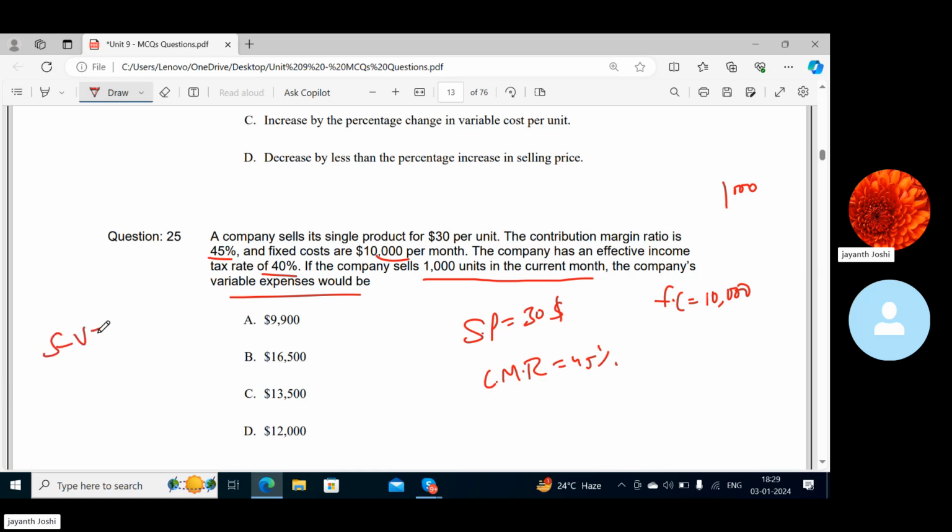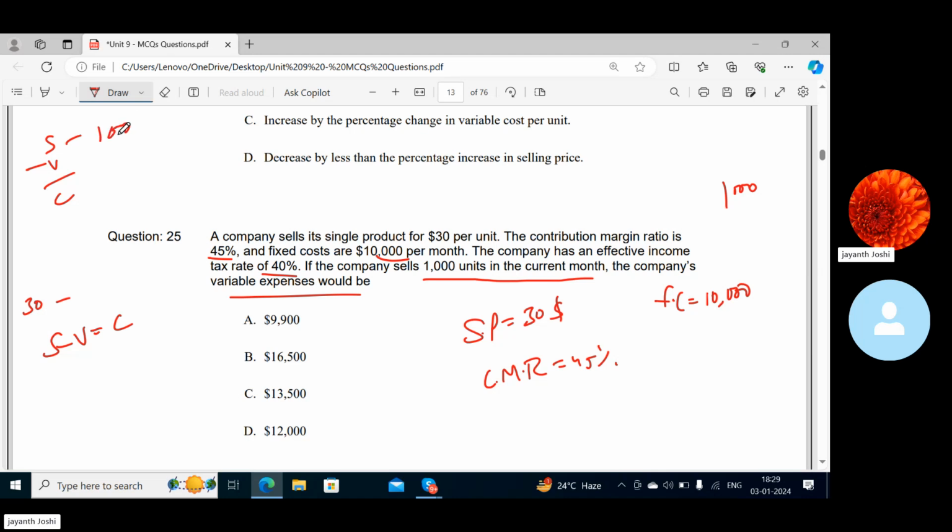Sales minus variable cost is equal to contribution. What is the contribution? 55% of 30 is how much? Because sales minus variable cost is contribution.